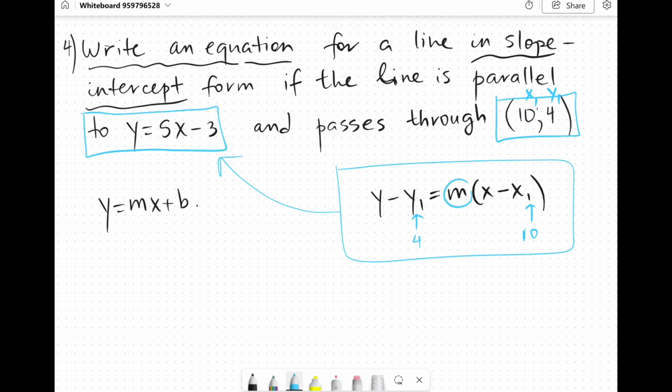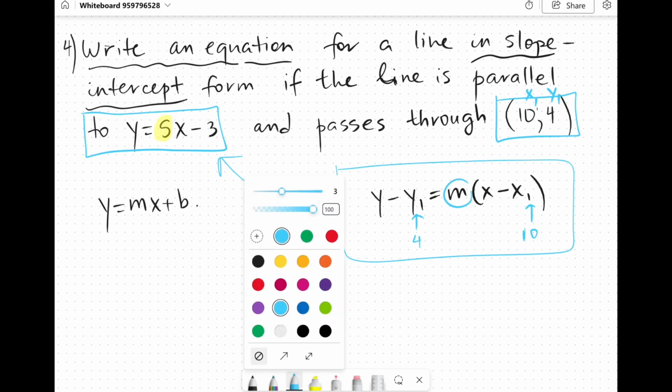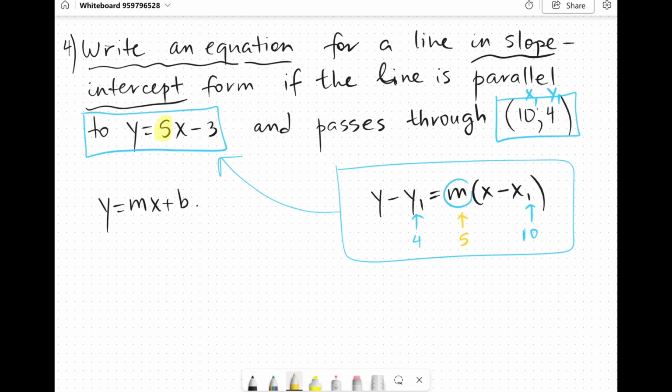Well, because it's in slope-intercept form, the slope is 5. So that 5 will be placed here. If this question said perpendicular, instead of 5, you would be placing negative 1 over 5 where you see m. But ours are parallel, so we just use the 5 as is.